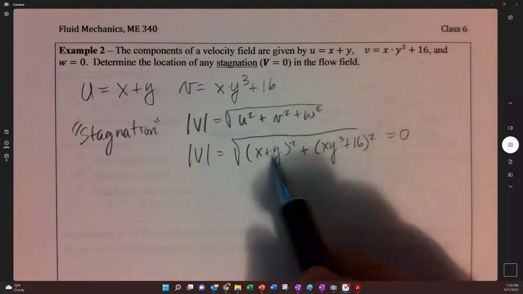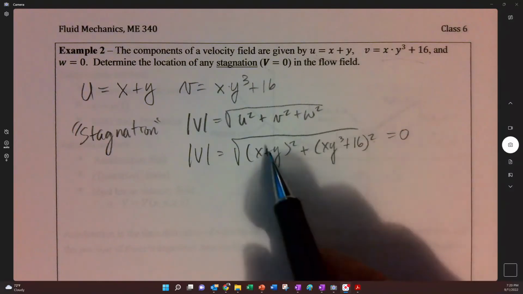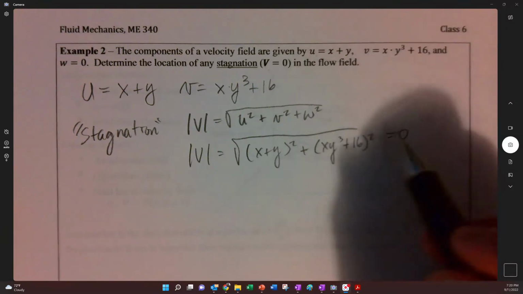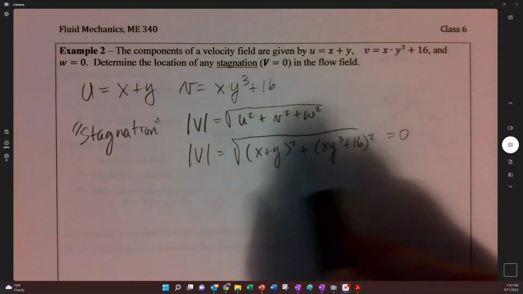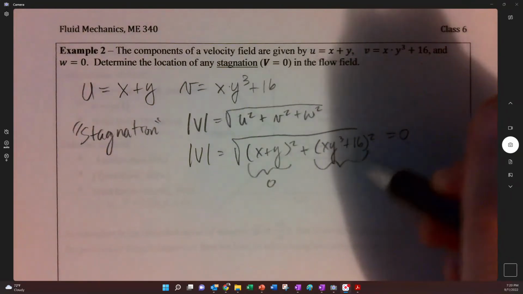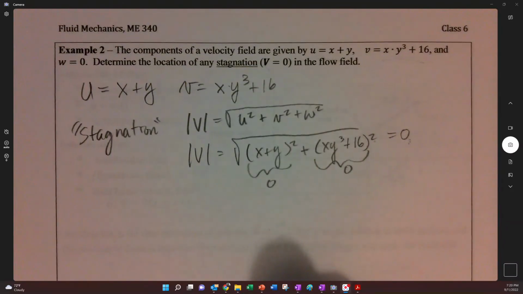Now, these two parts can never cancel each other out because they're both squared. Regardless of whether this was negative and that was positive, there's no way. So the only way this could ever occur is if both parts equal 0. You could try to argue for yourself how that would happen.